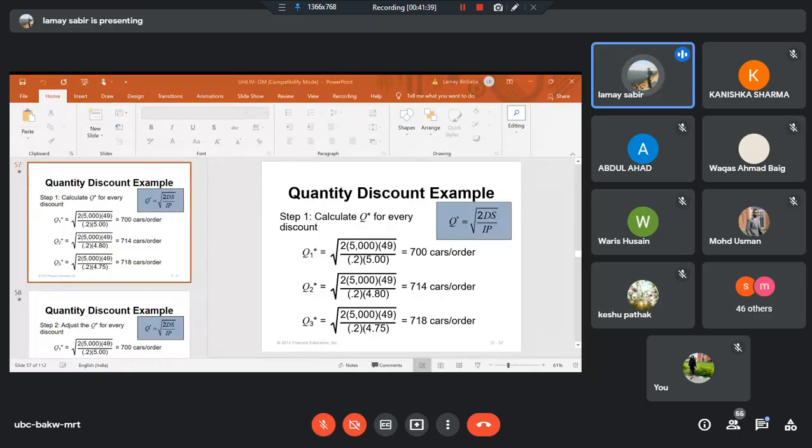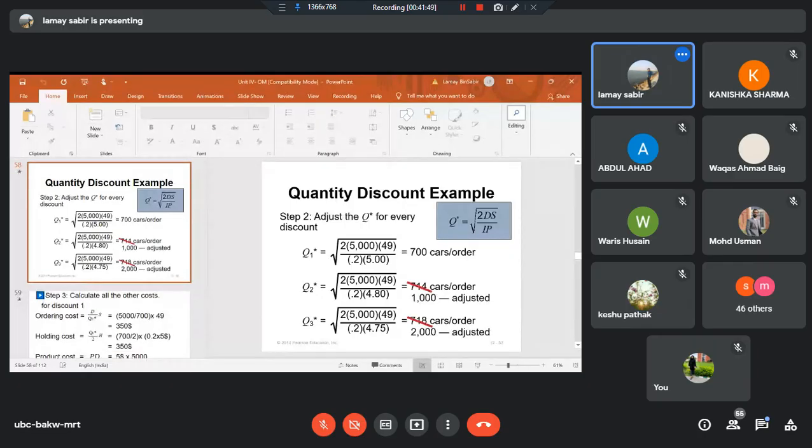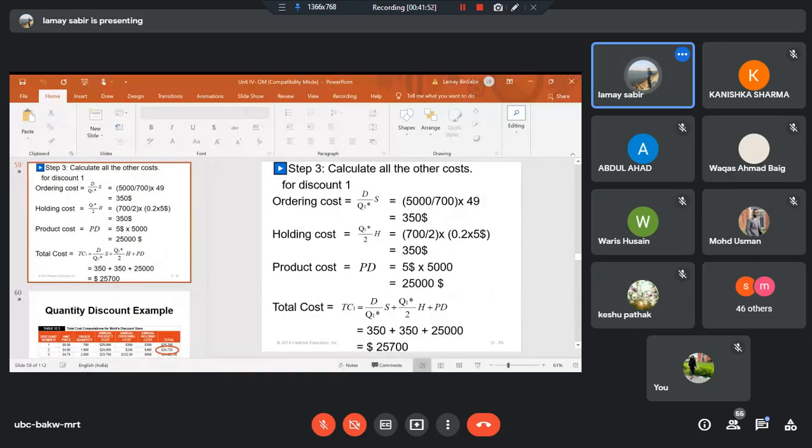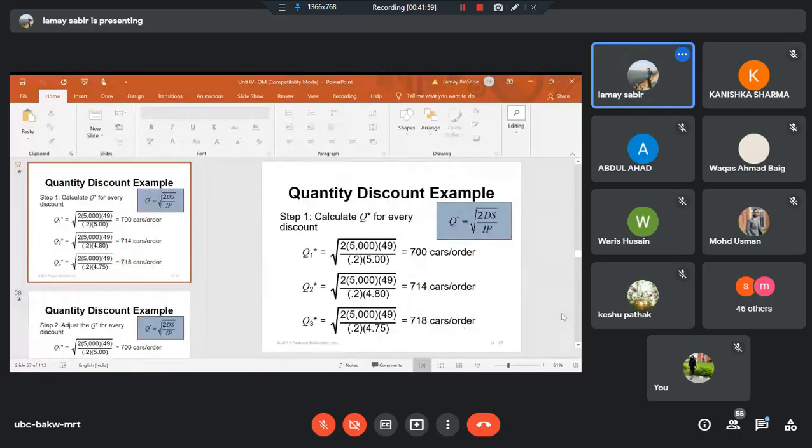But we have to select only one EOQ. Now let's see how do we select this Q. Now, as I already told you, our discussion of which value is good is based on Q1, Q2, Q3.